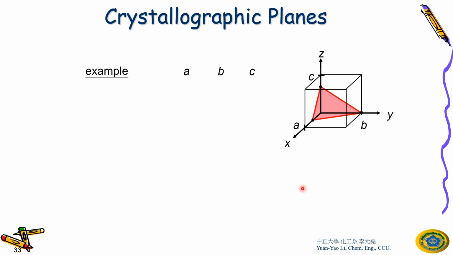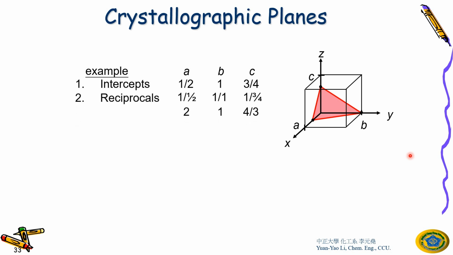Okay, how about this one? That's again easy, right? So you know that's half. This is about 3/4, right? 1 here, 3/4. So reciprocal that'll be 2, 1, 4/3. 3/4 reciprocal is 4/3.